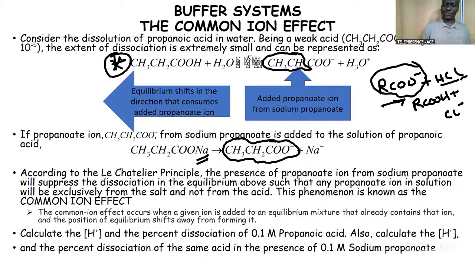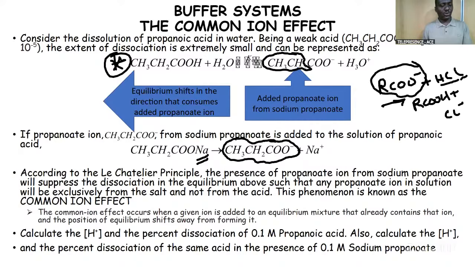Now let's try to illustrate that by looking at this question here. It says calculate the hydrogen ion concentration and the percent dissociation of 0.1 molar propanoic acid. Also, calculate the hydrogen ion concentration and the percent dissociation of the same acid in the presence of 0.1 molar sodium propanoate.